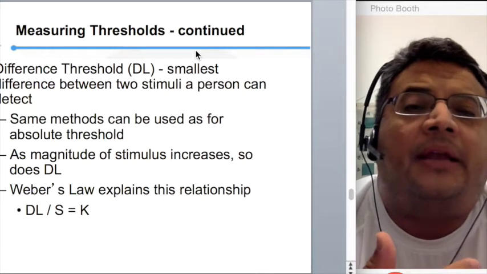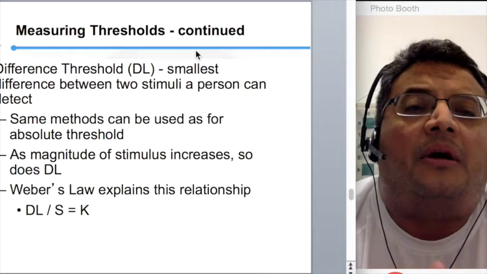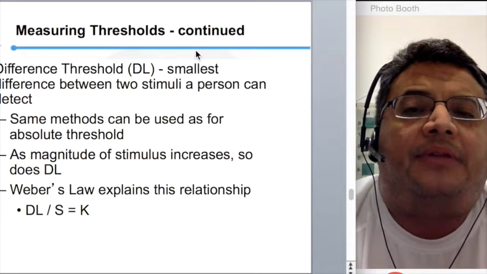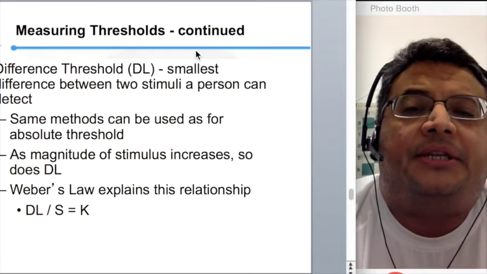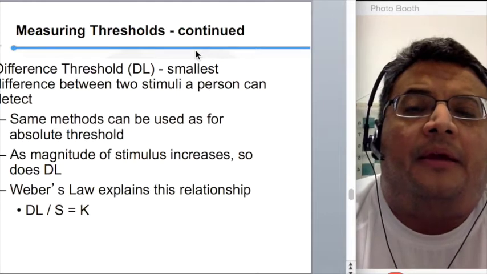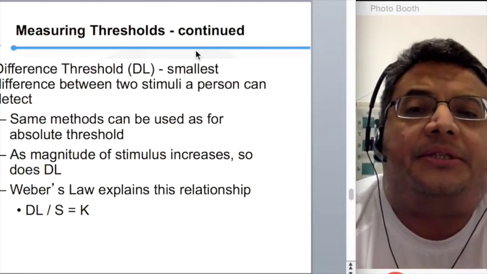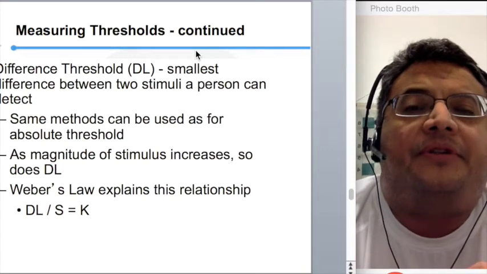There's an interesting relationship that's been identified here, called Weber's law. Basically, it says that as the stimulus increases, the bigger the stimulus, so does the difference threshold.